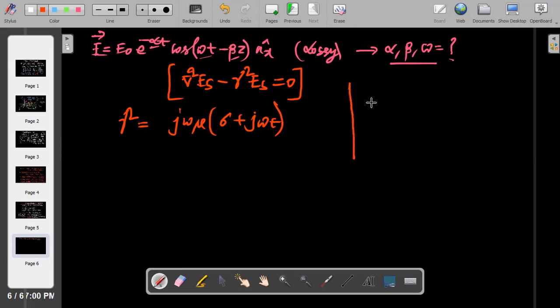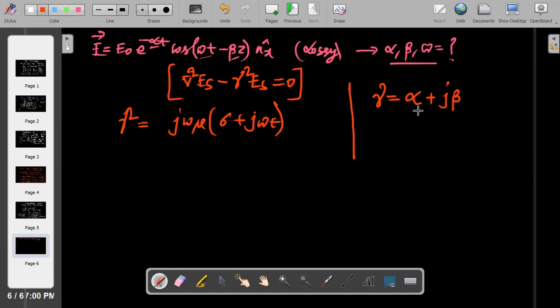And your gamma is your propagation constant, and this is a complex quantity where the real part is alpha and your imaginary part is beta. Okay, please follow what I am telling now. Alpha is your attenuation constant, and beta is your phase propagation constant.